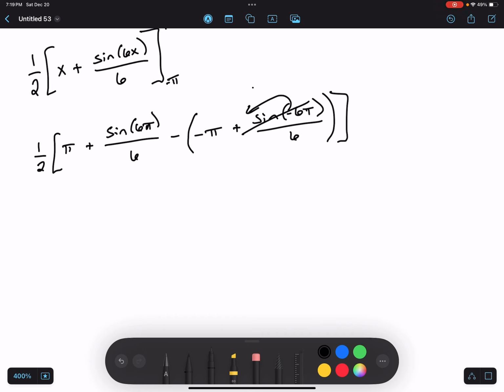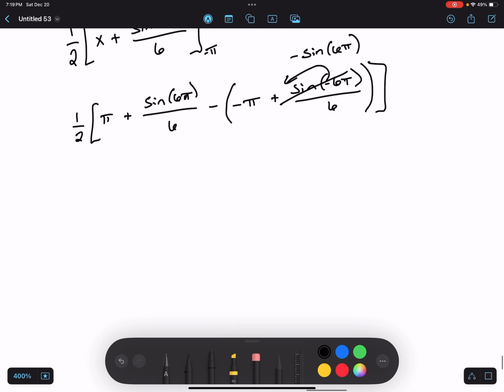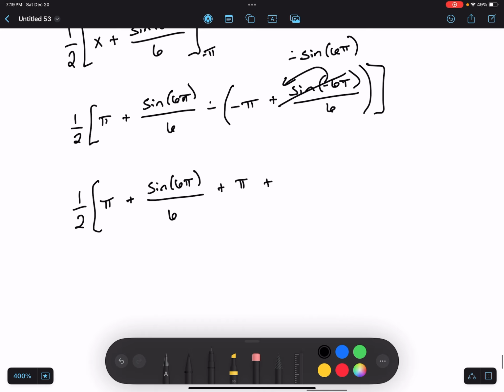This can be rewritten as negative sine 6 pi. And so simplifying this, what we're really working with is 1/2 times pi plus sine 6 pi over 6 plus pi, and then we have another minus and a minus, so that's plus again, sine 6 pi over 6.